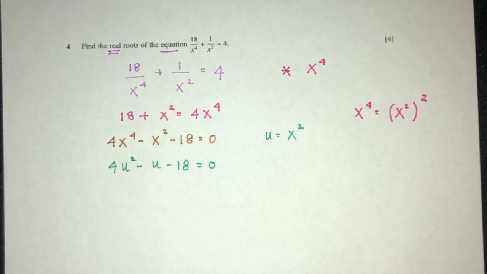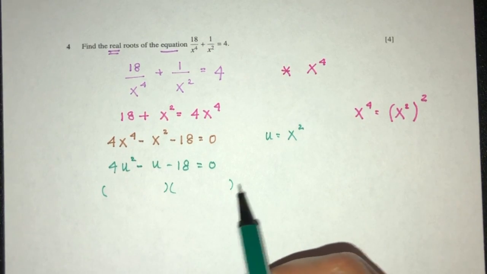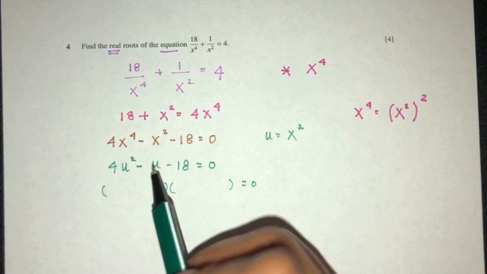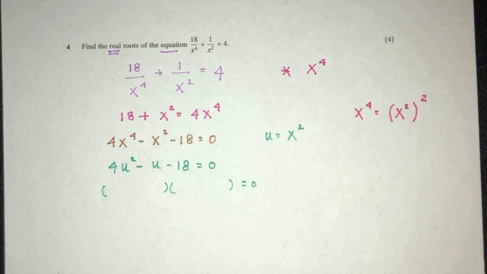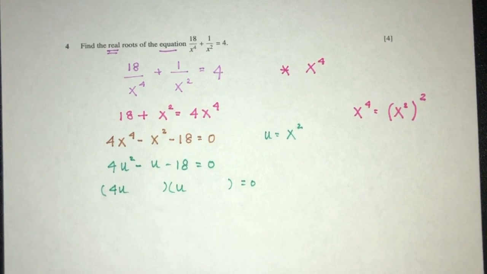We can solve by using the formula, or we can try to perform factorization. So here we have to have minus 1. We have to do this by trial and error to see what happens. So I can choose, let me just put 4 here, why not? 4u times u.